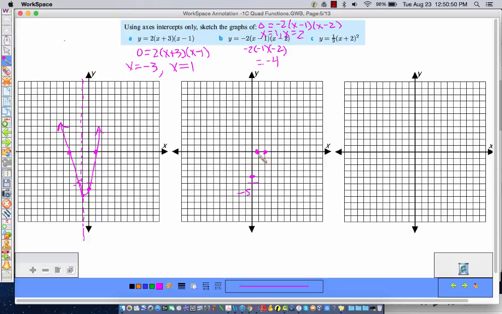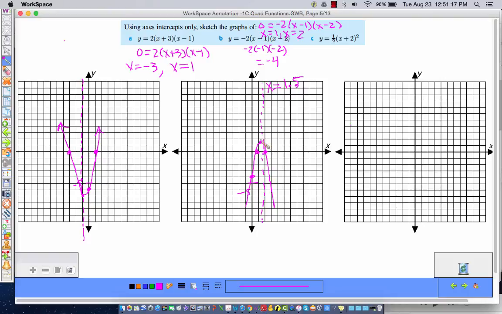The axis of symmetry is halfway between the x-intercepts, so it's going to be between 1 and 2. Oops, that was a bad line. I don't care. X equals 1.5. Okay, so it's going to look something like that.